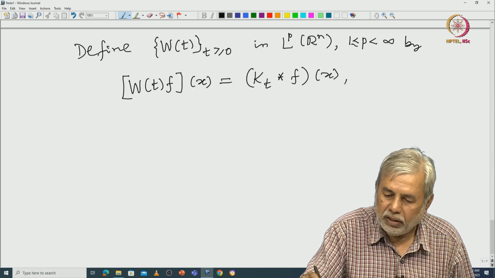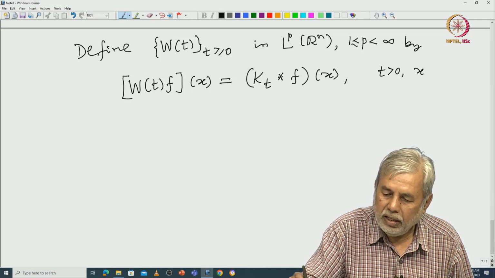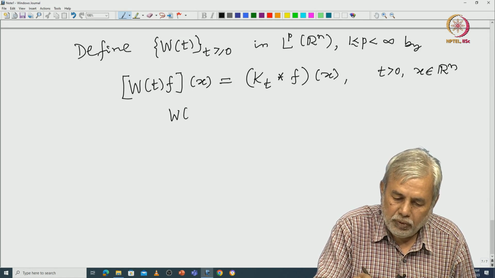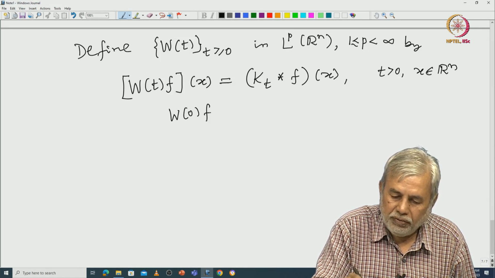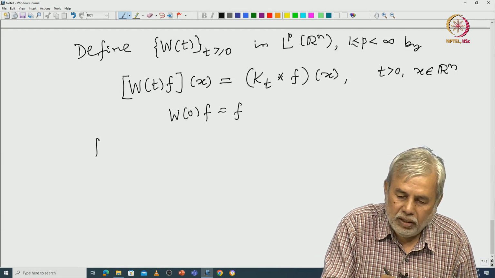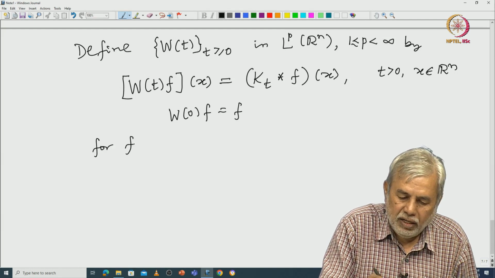So this is for t positive and x is in Rn, and we put W0 of f equal to f. Okay. So this is for f in Lp Rn.